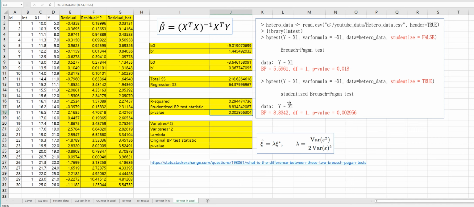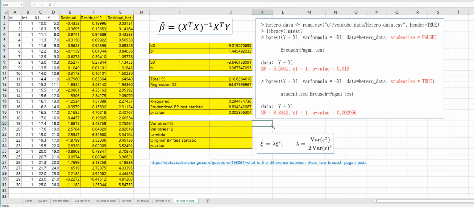Alright, this is the studentized Breusch-Pagan test statistic. So again, under 5% significance level, we can reject the null hypothesis. So it means that there is heteroskedasticity in residual.